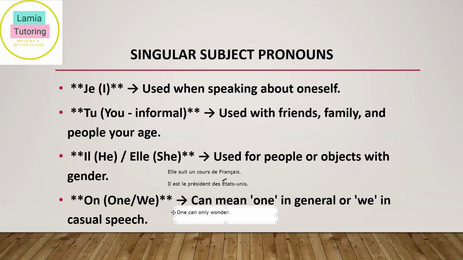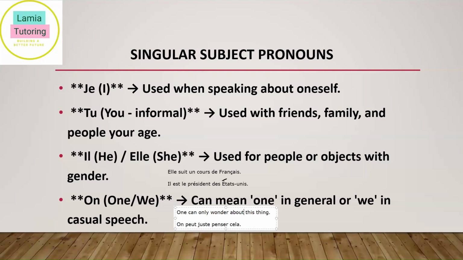And I would translate it into on peut juste penser. Cela. Cela would mean this thing, maybe. About this thing.